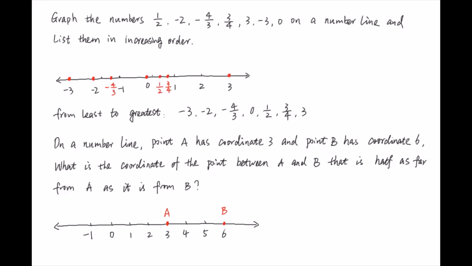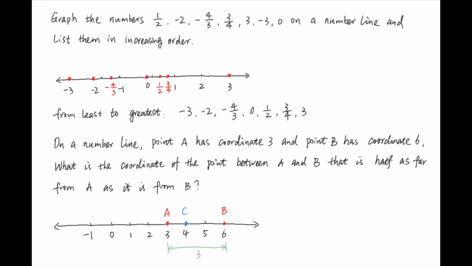So now you can see between A and B, the distance right here actually is 3, right? The distance between C and A is half of the distance between C and B. So now it's very obvious that the C point is actually right here.